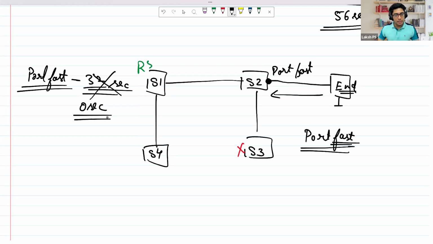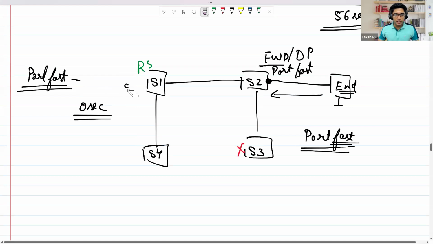Immediately, 0 seconds. The moment you connect the end device on a port fast interface of a switch, it will immediately move into forwarding state. Forwarding, not a blocking state. And it is going to be a designated port, not a root port. Designated.